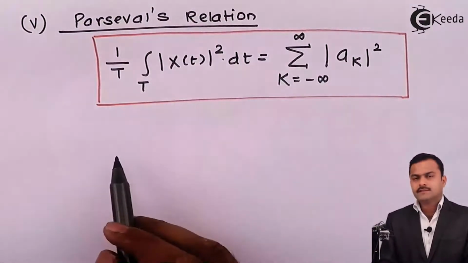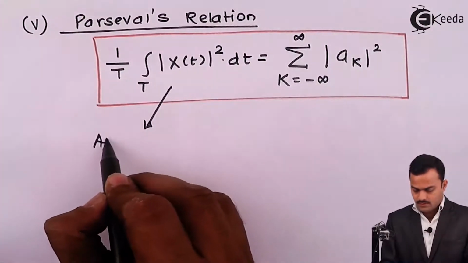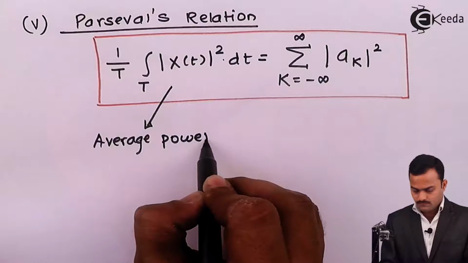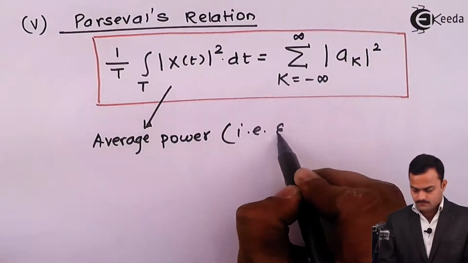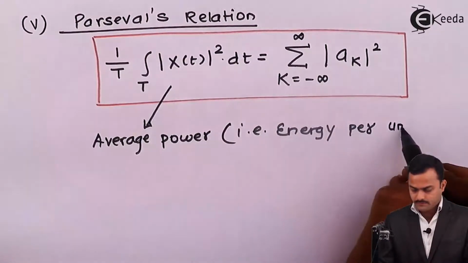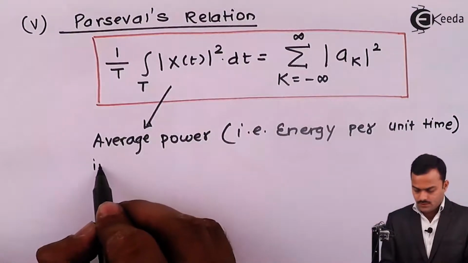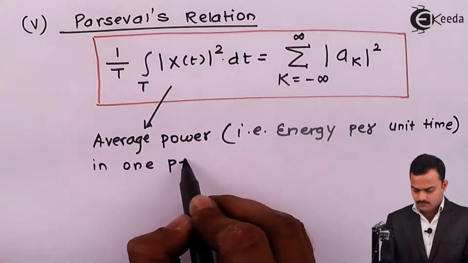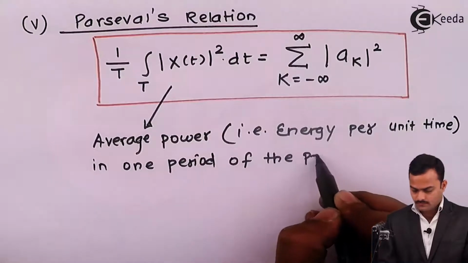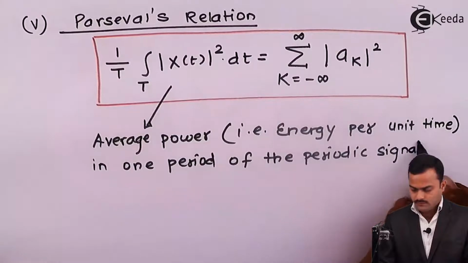So the left hand side is nothing but the average power, that is, energy per unit time, in one period of the periodic signal, which is x of t.